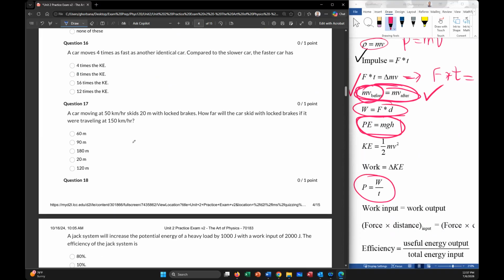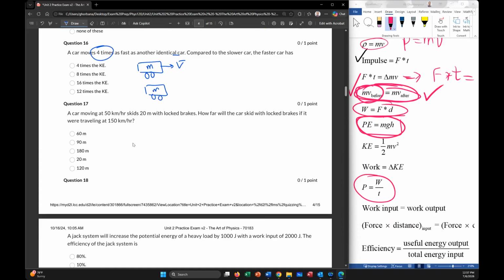Question number 16. A car moves 4 times as fast as another identical car. Let's say, you know what it's telling? It's telling that we have a car with mass M and velocity V, but the other one is exactly the same car, an identical car.